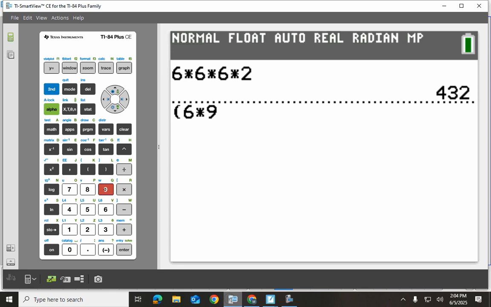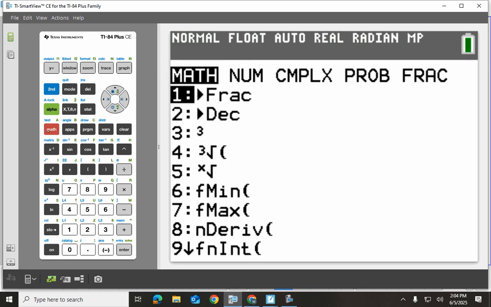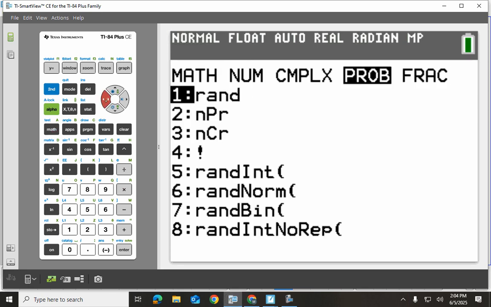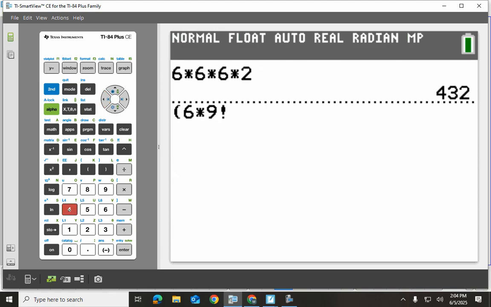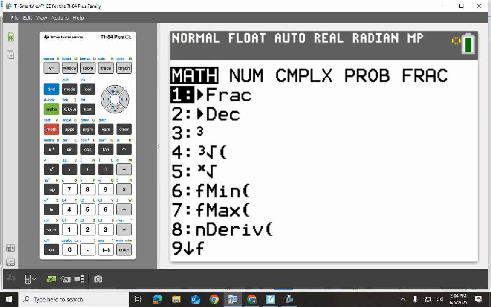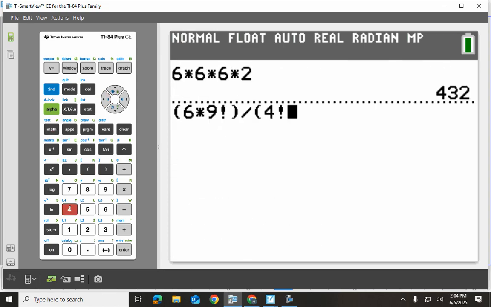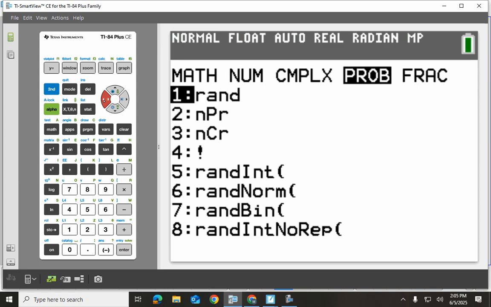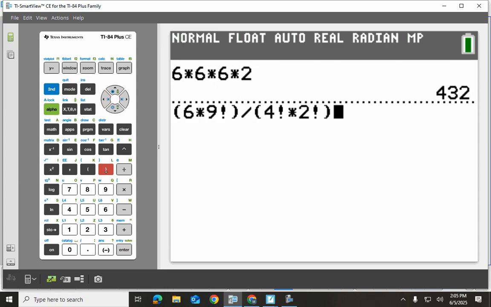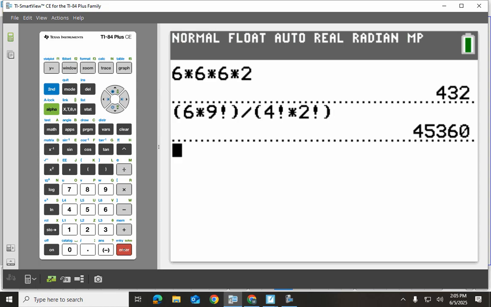So the factorial button, hit math, go to prob, and pick number 4. Okay, and let's hope we get one of the answers. 45,360.